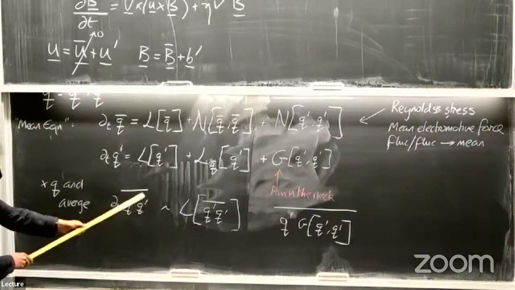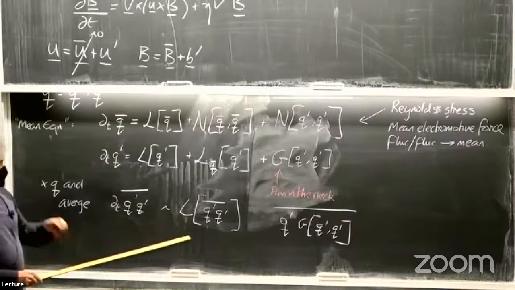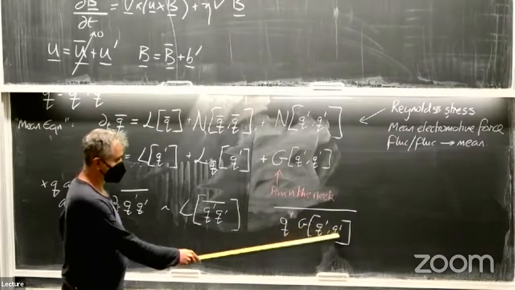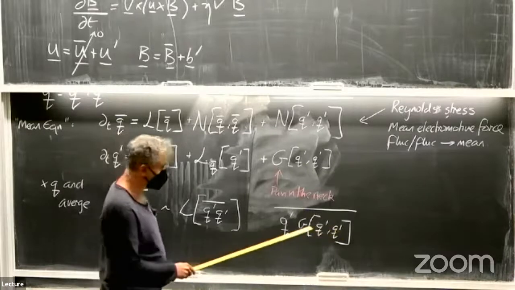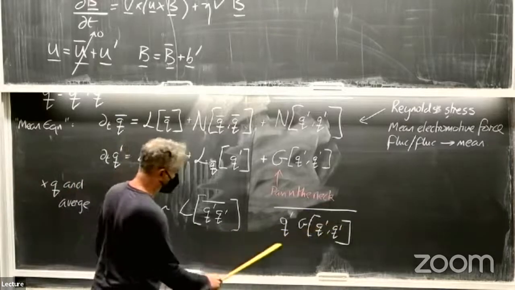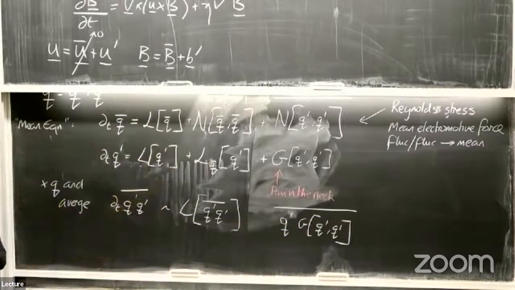So I've got d by dt of R is a linear operator acting on R plus something that involves 3 Q primes. These are sometimes called triple correlation. And therefore, I'm going to be in trouble, because I need to know the evolution of essentially Q prime bar.